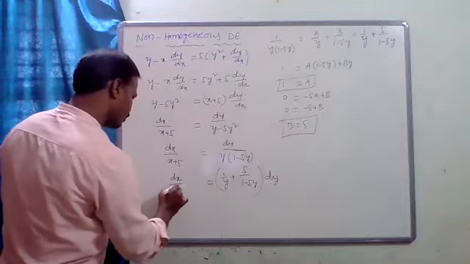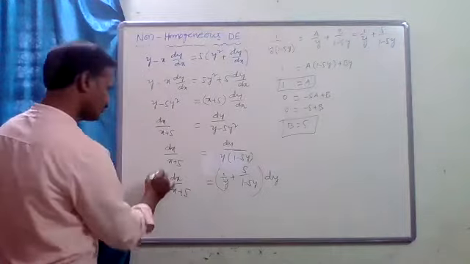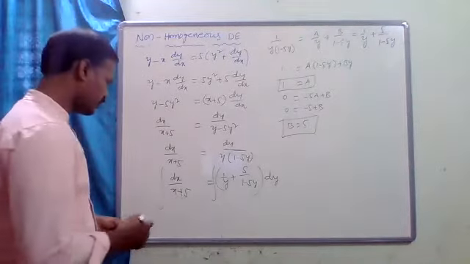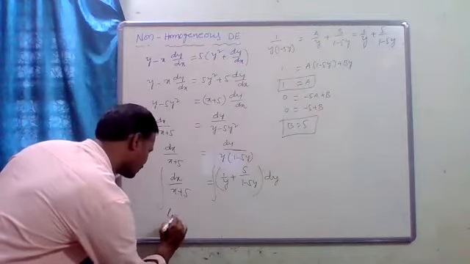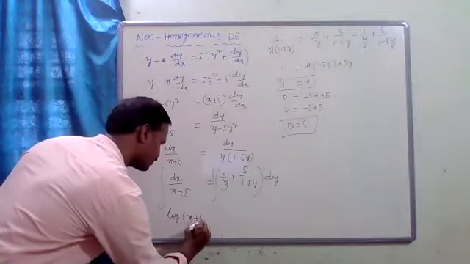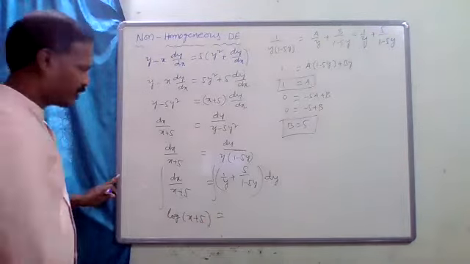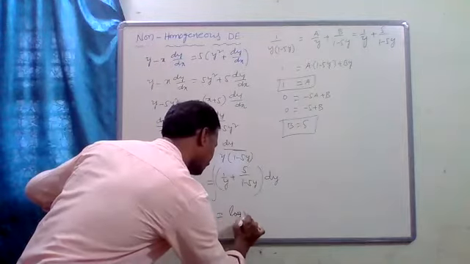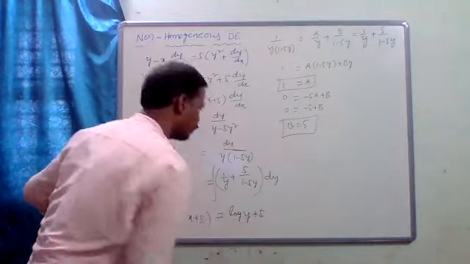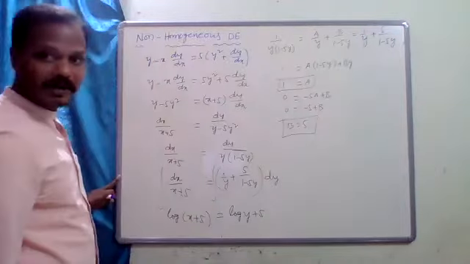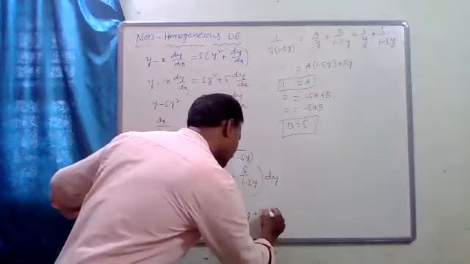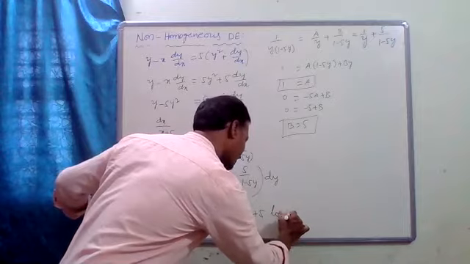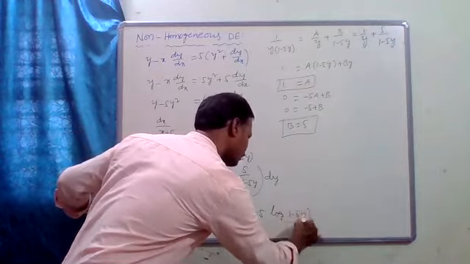Now apply integration on both sides. Now what is this value? Log x plus 5. Now this is 1 by y dy, log y, plus 5 into 1 by 1 minus 5y, so this is log of 1 minus 5y.